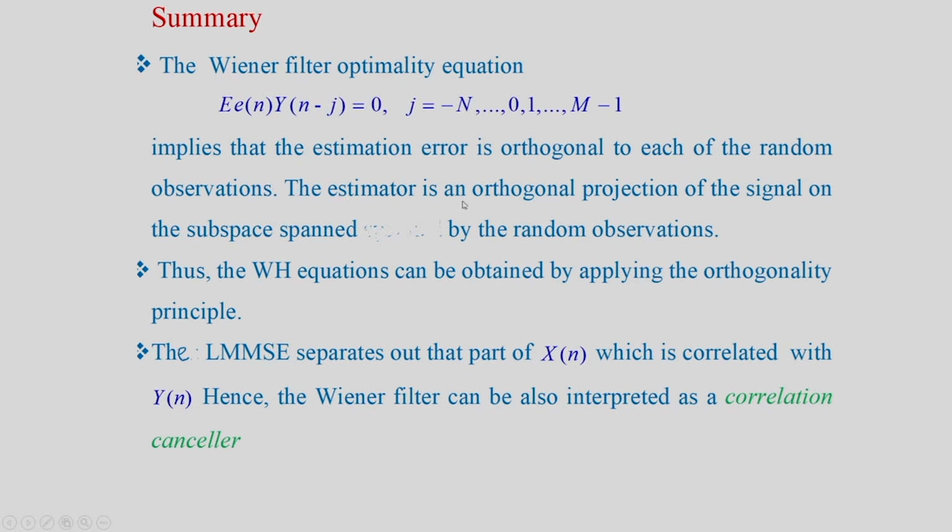The estimator is an orthogonal projection of the signal on the subspace spanned by the random observations. Thus, the Wiener-Hopf equations can be obtained by applying the orthogonality principle. We have also seen that the LMMSE separates out that part of x n which is correlated with y n. Hence, the Wiener filter can be interpreted as a correlation canceller.